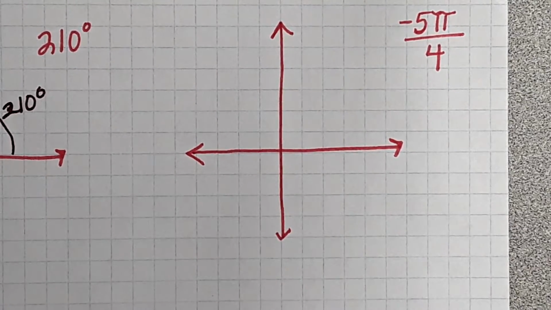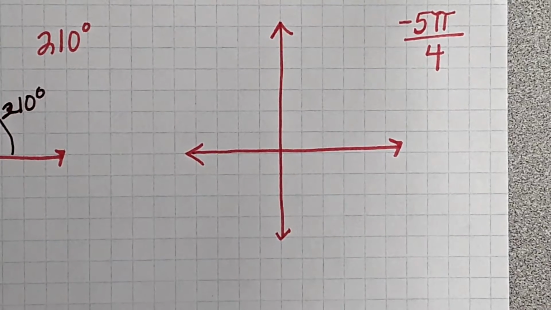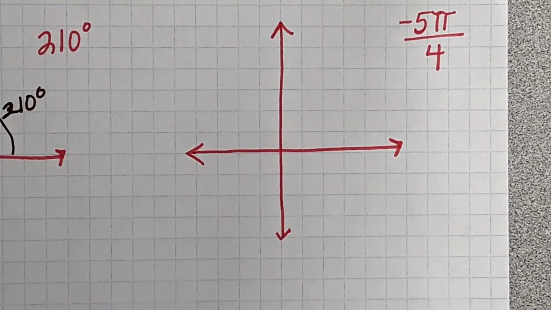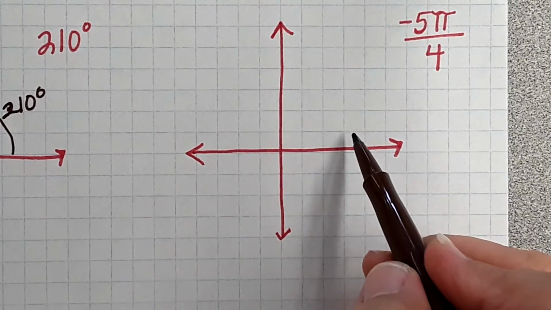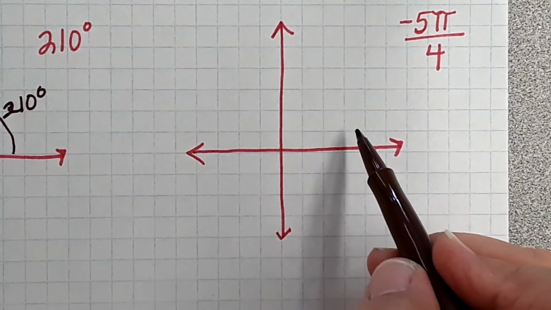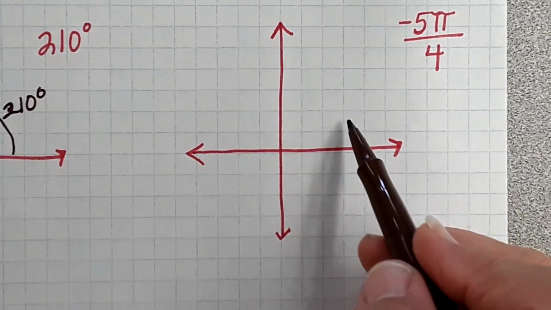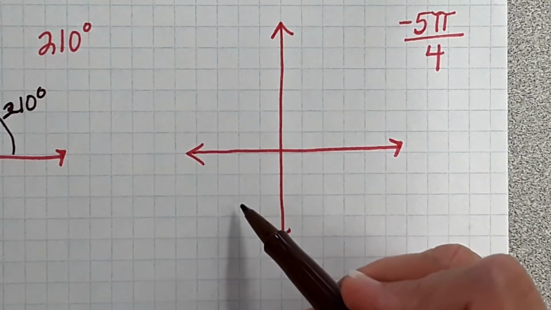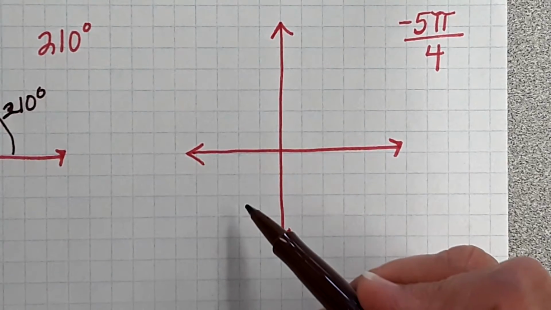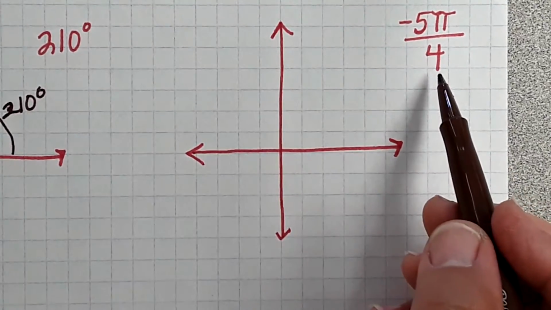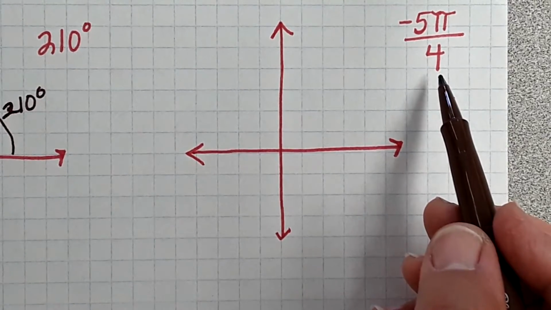One, it is a radian. Two, it's a negative. Now if we went positive, where would 5 pi over 4 be? If you think about our unit circle, where would 5 pi over 4 be? The third quadrant, right? But our 5 pi over 4 is not positive, it is negative.